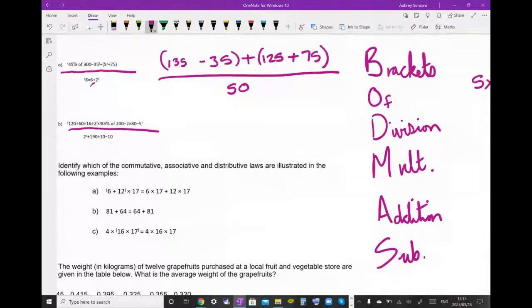Here it's now simple for us. 135 minus 35 gives 100, and 125 plus 75 is going to give us 200. And then plus 300 divided by 50. What do we get?